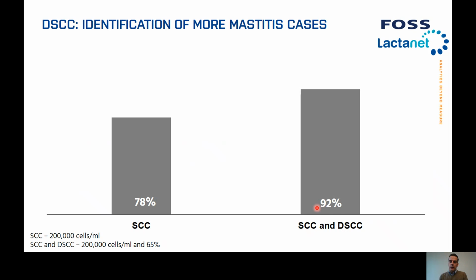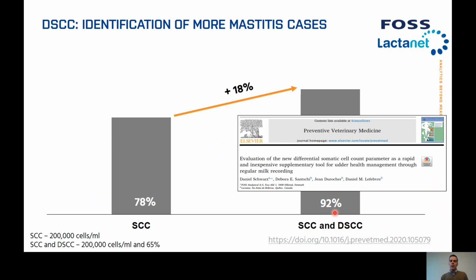Then we find 92% of sick cows as sick cows. So we have an improvement of 18%. In other words, we are 18% better in identifying sick cows as sick. We have published a full study in Preventive Veterinary Medicine, and you're welcome to investigate this article for further details.